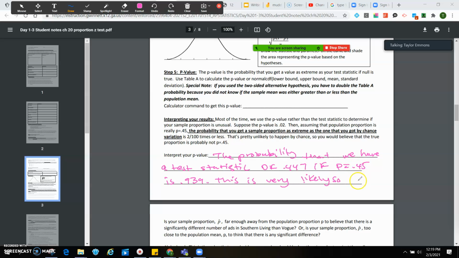So there is insufficient evidence to reject H0. Okay? So it's really likely to have something that's going to be like 94%, right? So it's likely to happen, so you're not going to reject the null.